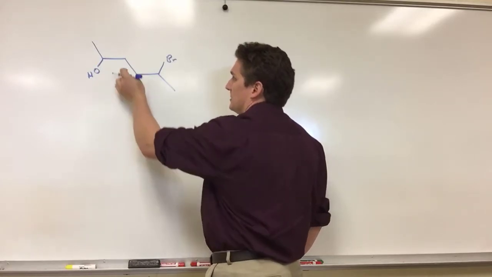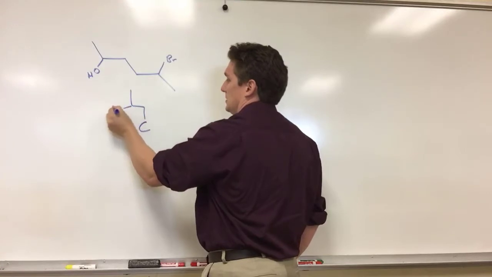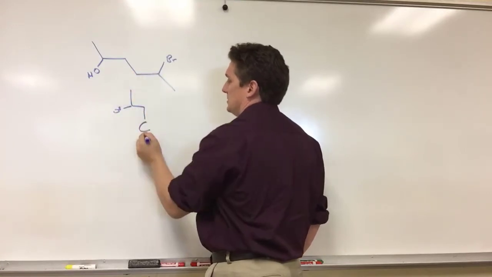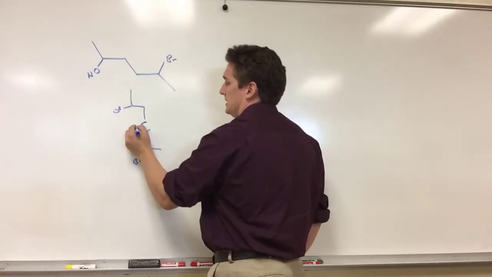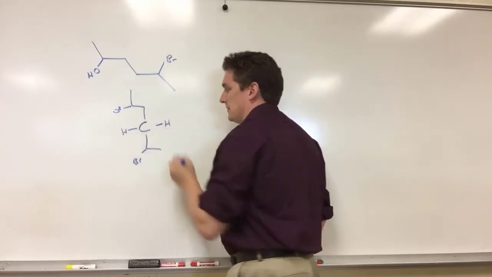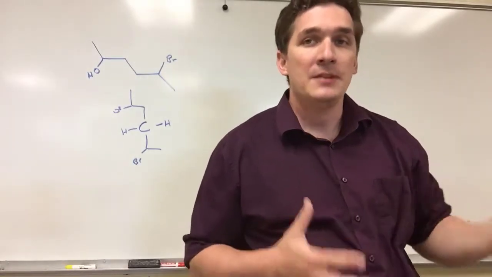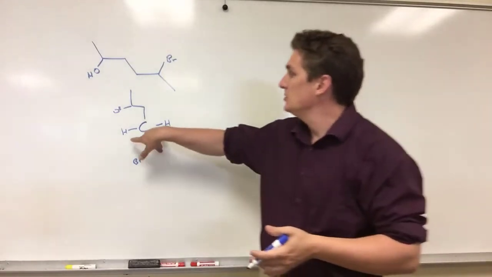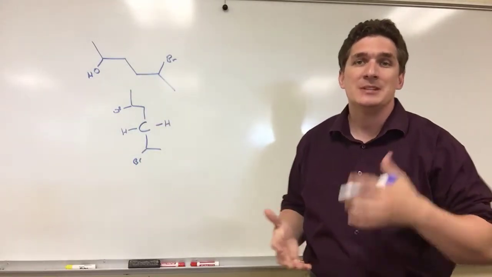If I draw that carbon, above it I've got 3 carbons and an OH group, and beneath it I've got 2 carbons and a bromine group, and connected to this carbon are 2 hydrogens. Now, here I don't have 4 unique groups because 2 of the groups connected to this particular carbon are hydrogen. So we would say that this carbon is achiral.